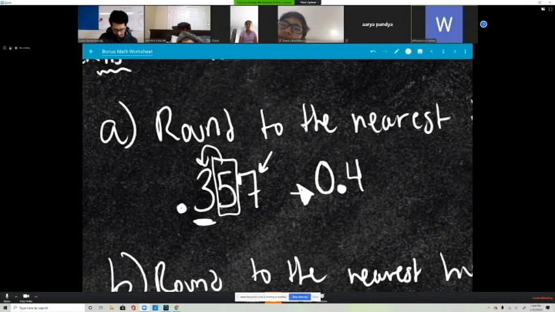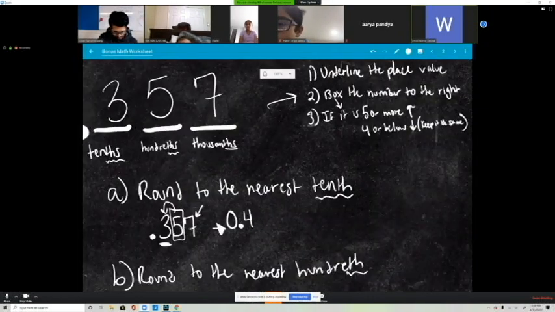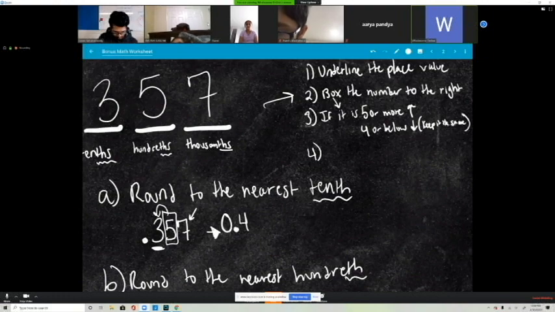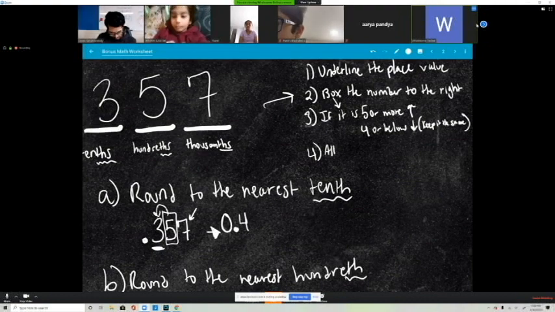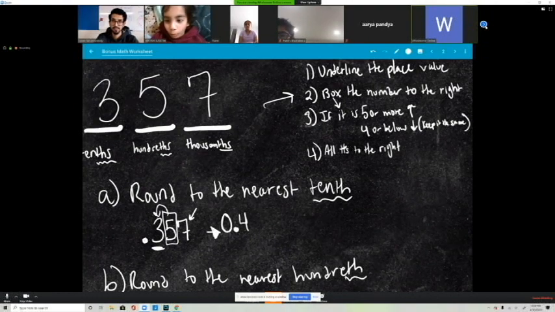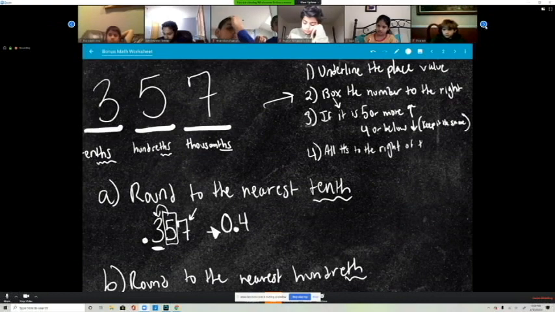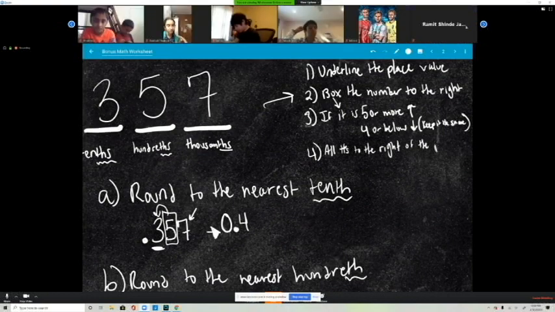And the last step is that all numbers to the right of the place value that we rounded become zeros.